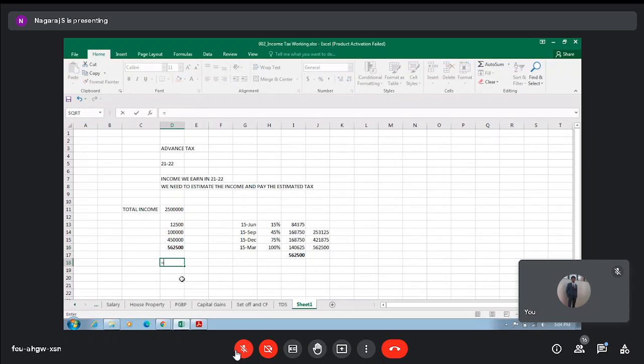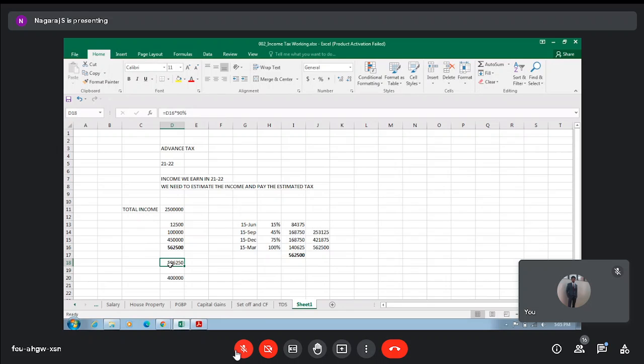You should have paid a minimum of 90% of this, 5,06,250, during the previous year. In the first case, you did not pay any advance tax. In the second case, you paid 4 lakhs instead of 5,06,250.